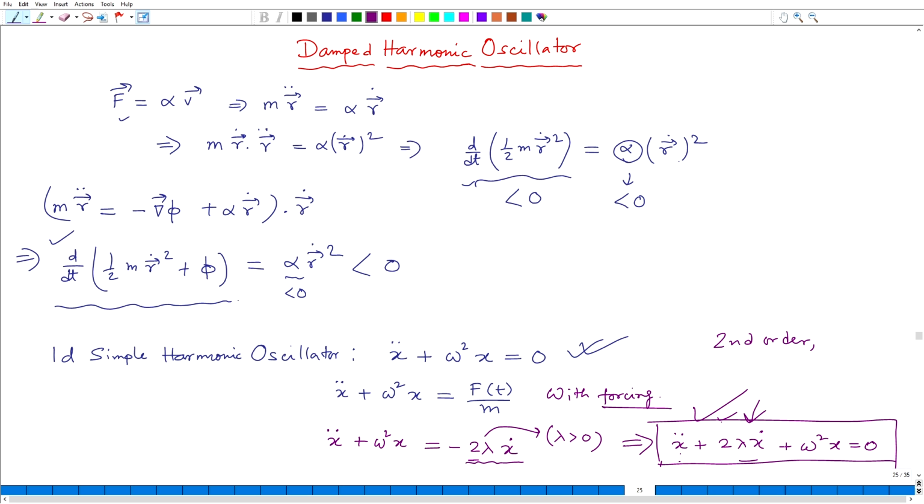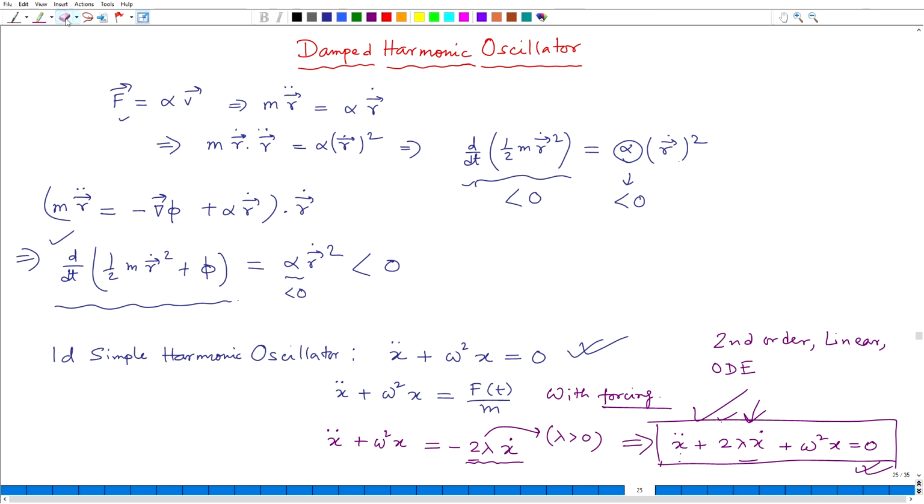This is linear because x double dot, x dot and x all appear linearly. So, a linear ordinary differential equation. Now, is it homogeneous or non-homogeneous? It is homogeneous because all the x and its derivatives are on one side, and on the other side you just have 0. So, it is a second order linear ODE.